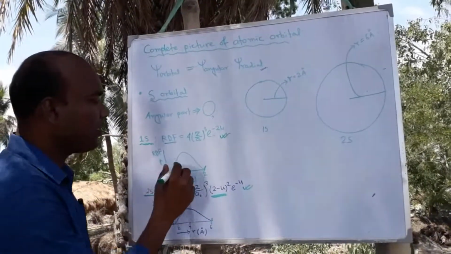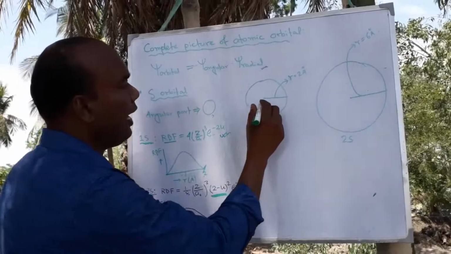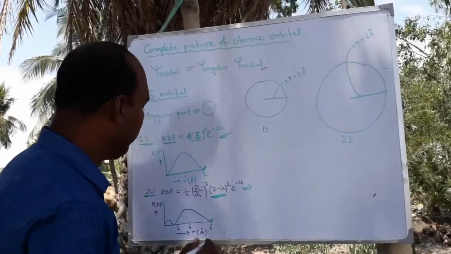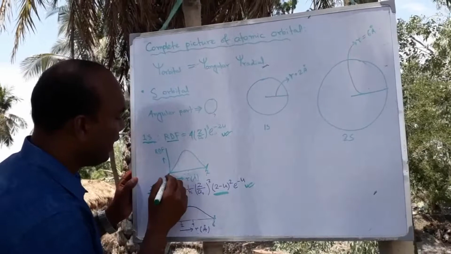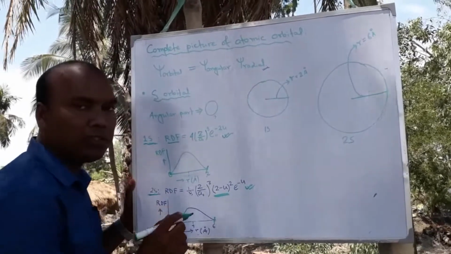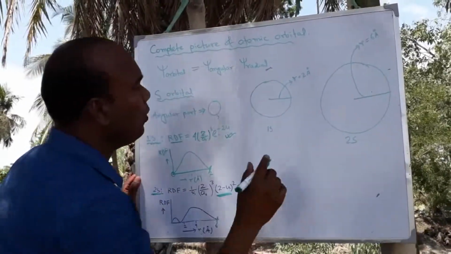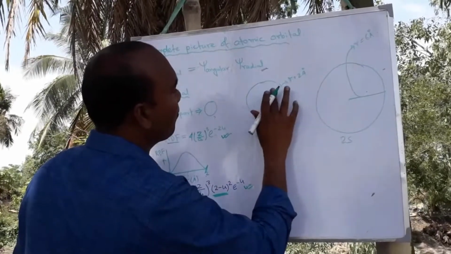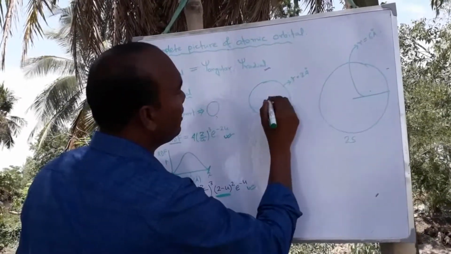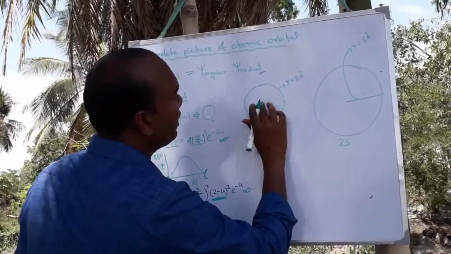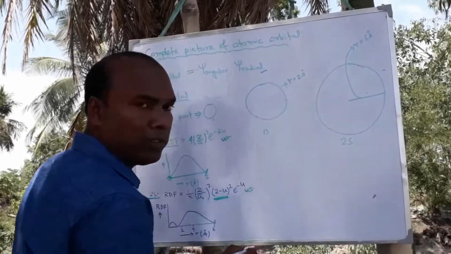Now plot the electron cloud density at different radial distances. You see for the 1s electron that near the nucleus there is no electron cloud. If the nucleus is here, then there is no electron cloud density.